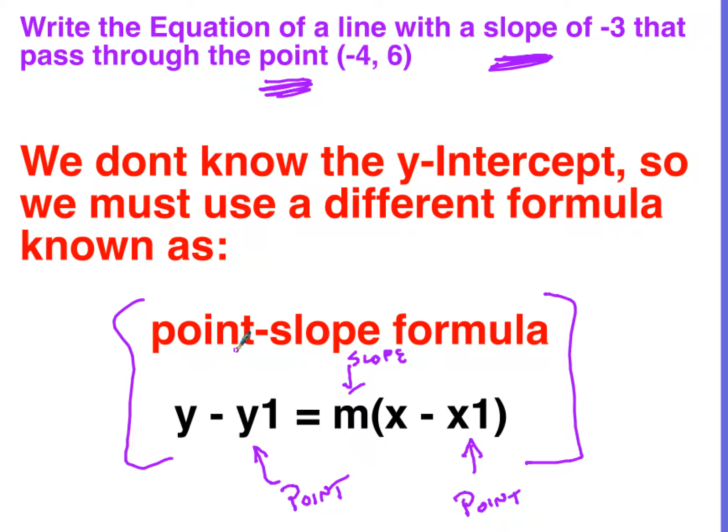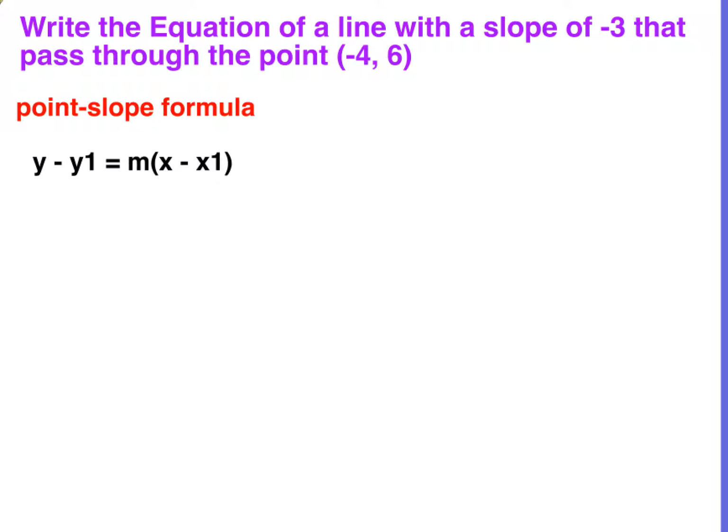And then I convert it to slope-intercept form from there. So if I want to write the equation of this line, where it has a slope of -3 and passes through the point (-4, 6), I'm going to use my point-slope formula. Here's my x1, because that's my x-coordinate, and here's my y1.